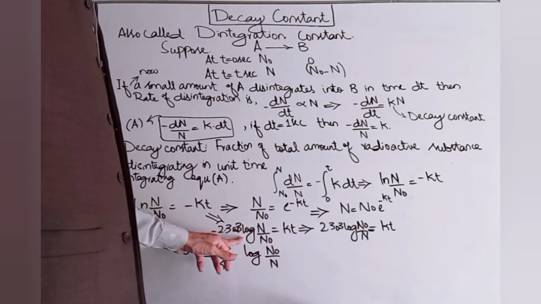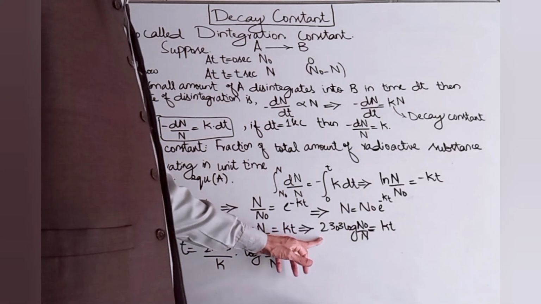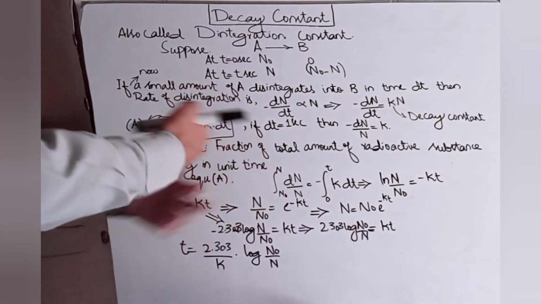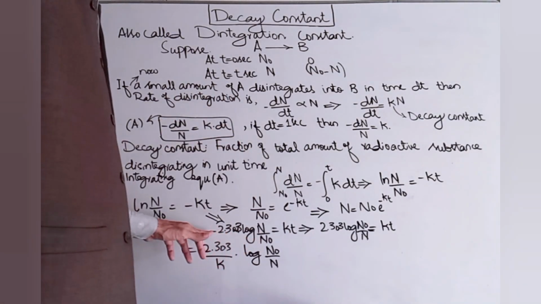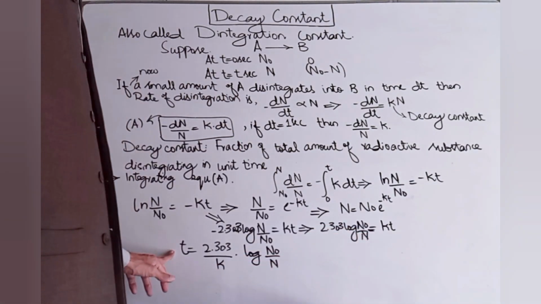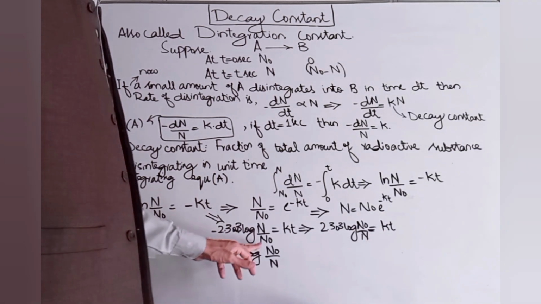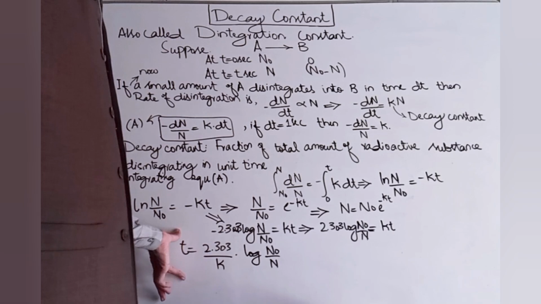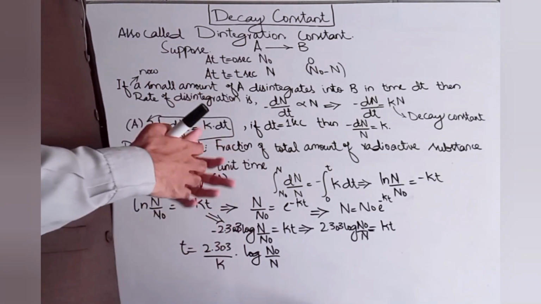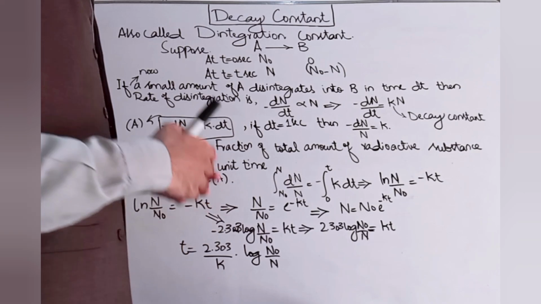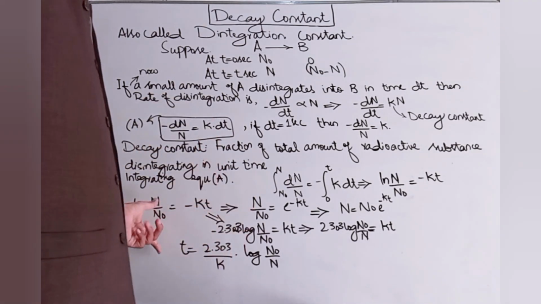So 2.303 log n naught over n is equal to kt, and t is equal to 2.303 over k log n naught over n. This is another form of equation from which we can find out the time period required for a certain amount of disintegration of radioactive substance.